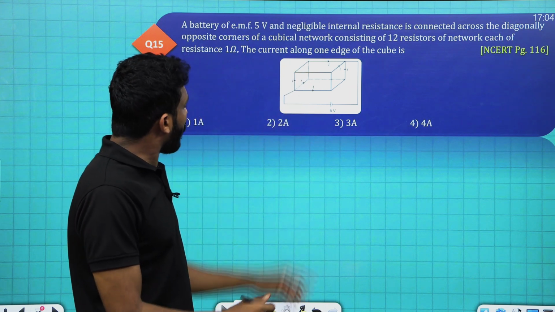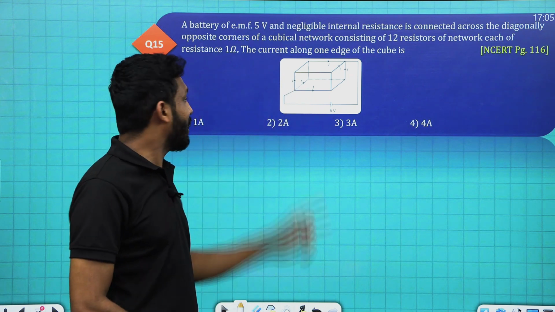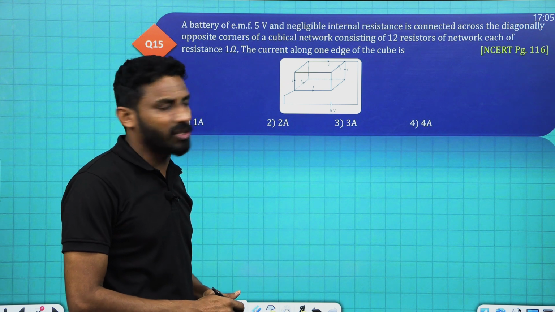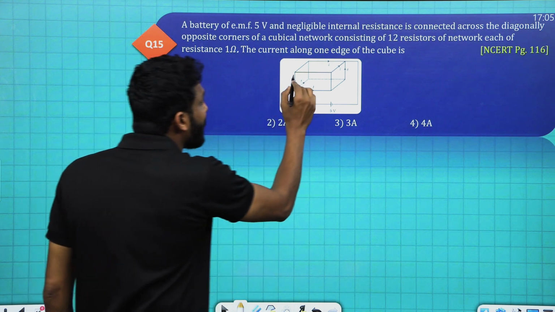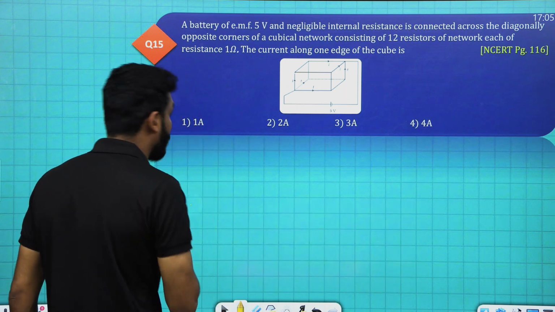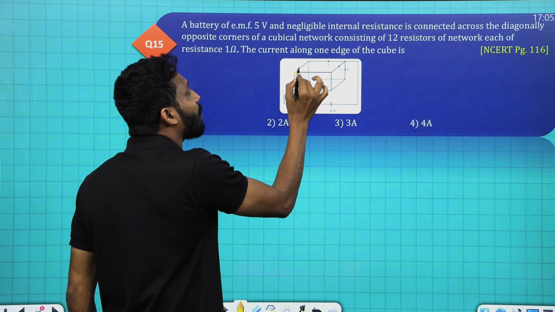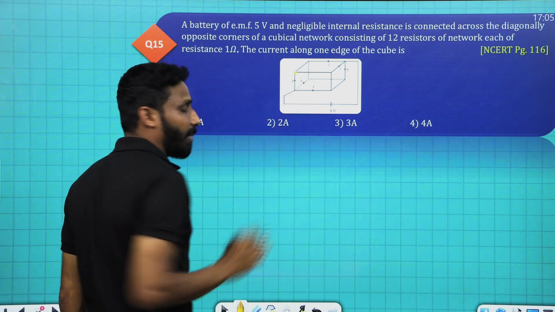Actually, in the figure I is mentioned, and it is asked in the question. Along one edge. See, here the current is splitting at this junction. Listen: at this junction, this current I is splitting into I by 2 and I by 2.